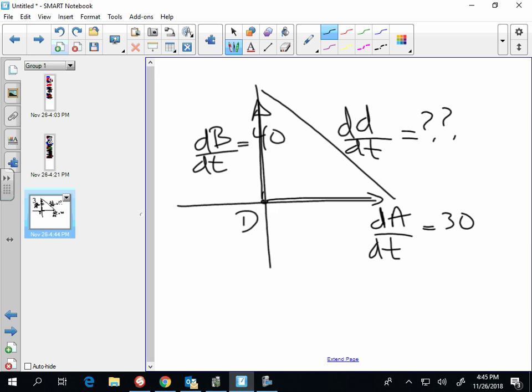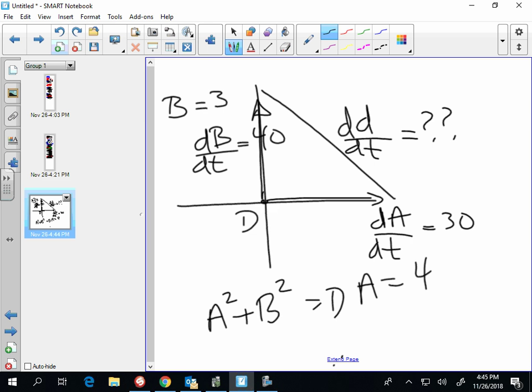6 minutes later, when convoy A is 4 miles from the depot, and convoy B is 3 miles from the depot. All right, do we know a relationship between A, B, and D? Sure, it's another Pythagorean theorem problem. So we know that A squared plus B squared equals D squared.